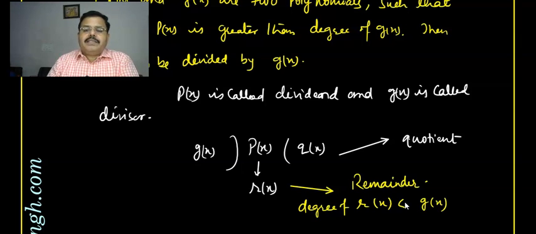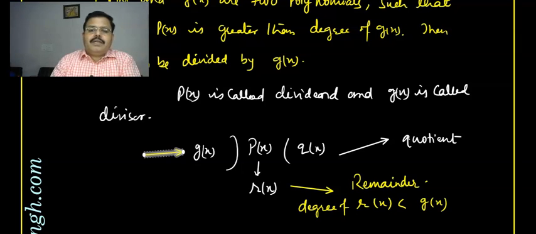If R(x) is 0, then the division is complete and there is no remainder. But if the degree of R(x) is greater than the degree of G(x), in that case you need to divide it further. So when the degree of R(x) is less than the degree of G(x), then we leave it, and this is considered the remainder.